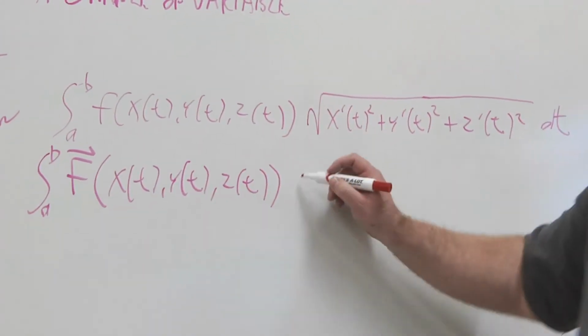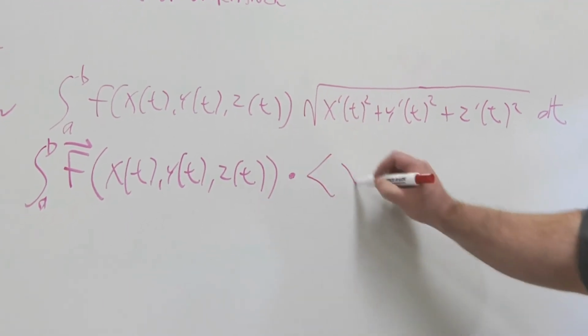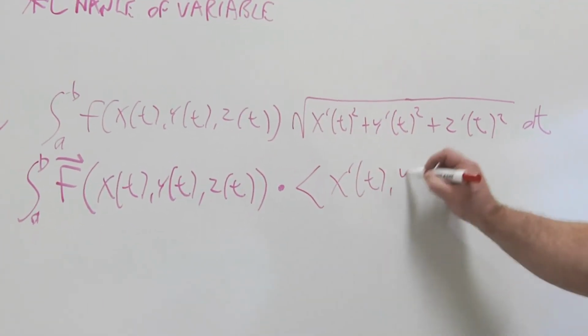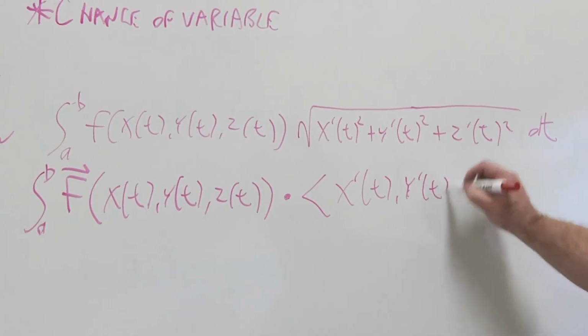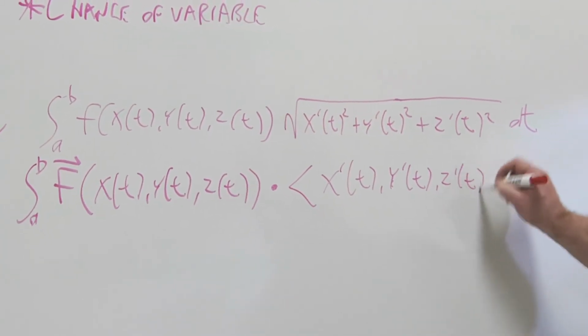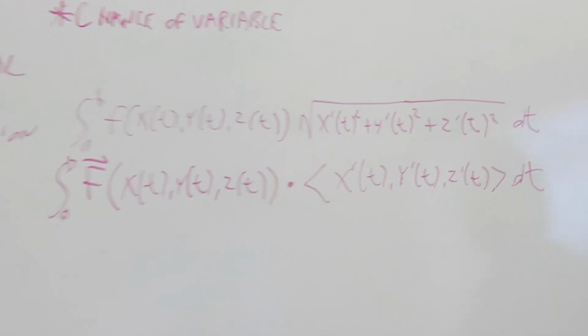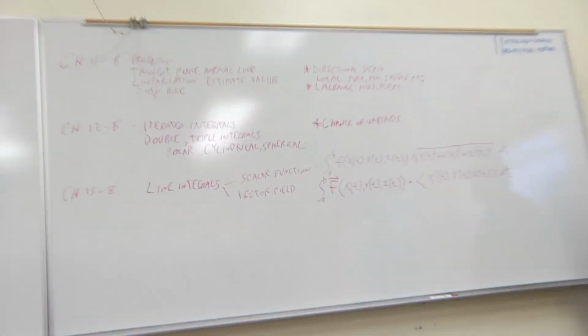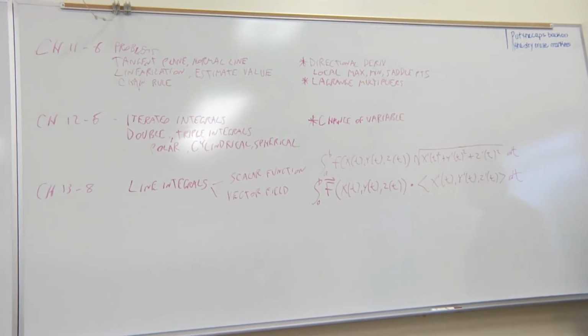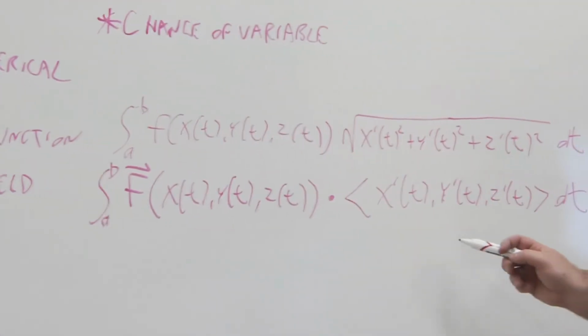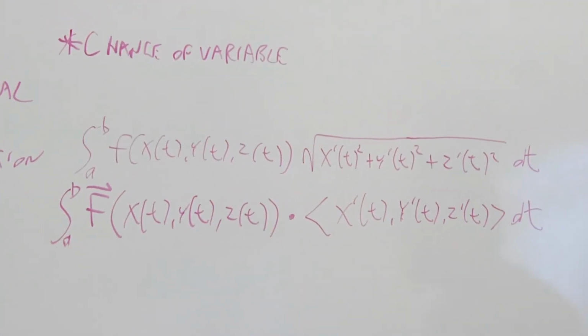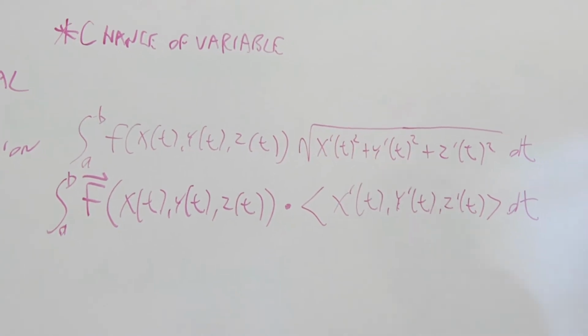And this vector, you take the dot product with the tangent vector. Normally this one actually tends to be the easier one to integrate because you're not dealing with a square root. Okay, but you can expect problems of both kinds to pop up, where you're given a description of a curve.